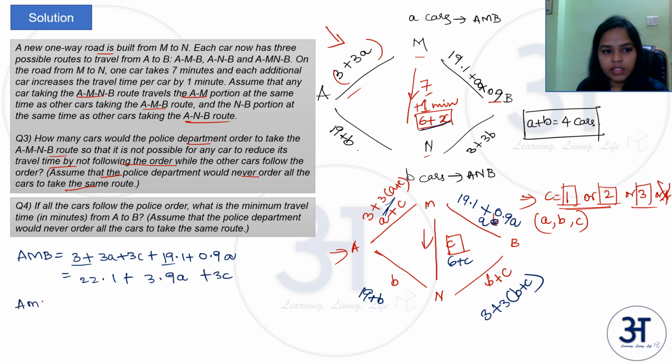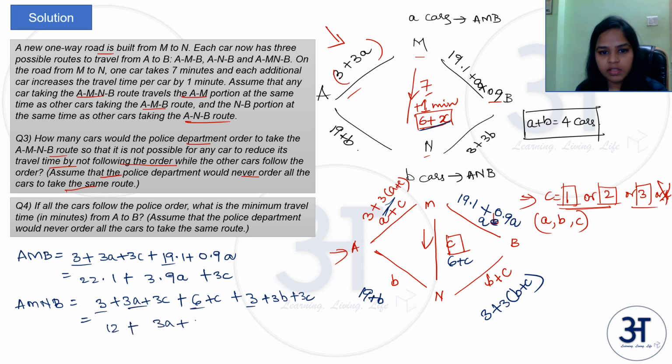For A, M, N, B, it will be equal to 3 plus 3A plus 3C plus 6 plus C plus 3 plus 3B plus 3C. So this will be equal to 12 plus 3A plus 3B plus 7C.